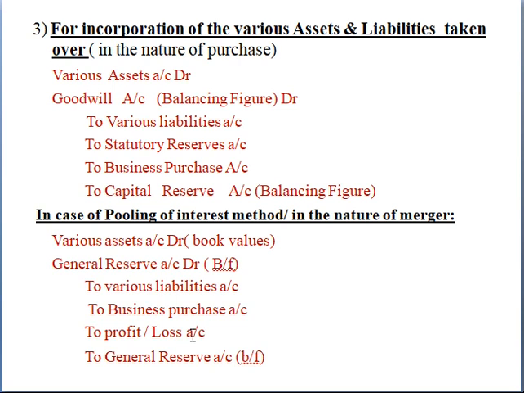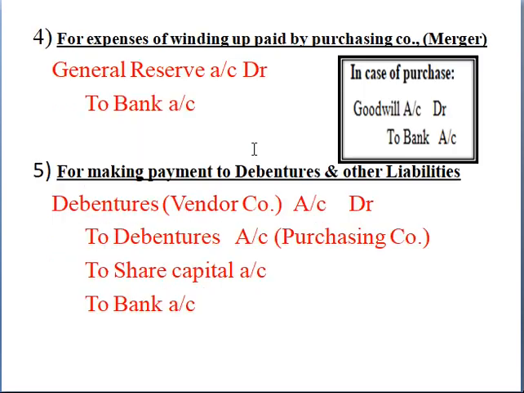That's it. And you may get the balancing figure either in your debit or else in the credit side. Whatever balancing figure you get, transfer it to general reserve account. But in case of nature of purchase, if you get the balancing figure on the debit side, transfer to goodwill account. If it is on the credit side, transfer to capital reserve account.